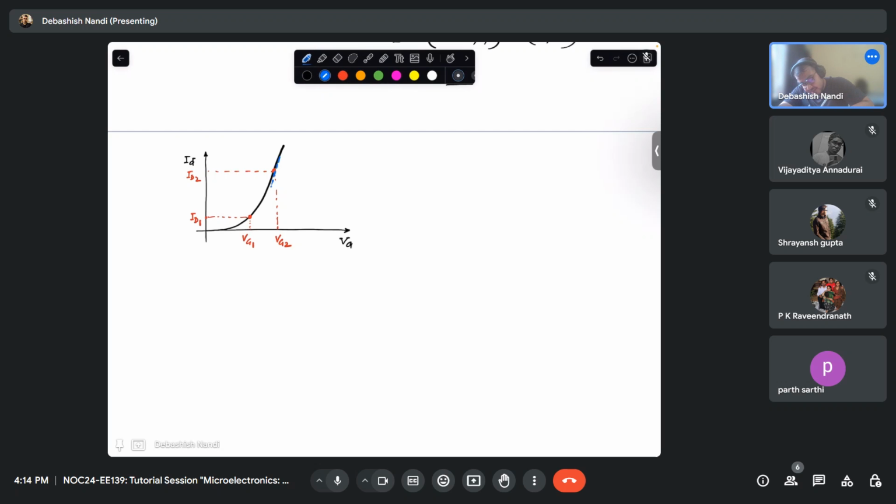The slope at this point and the slope at this point, are they same? So they are different. Why are they different? First, the curve is changing its slope. So you will have a GM1 here and GM2 here, two different GMs, right? So GM depends on at which point you are biasing your circuit.